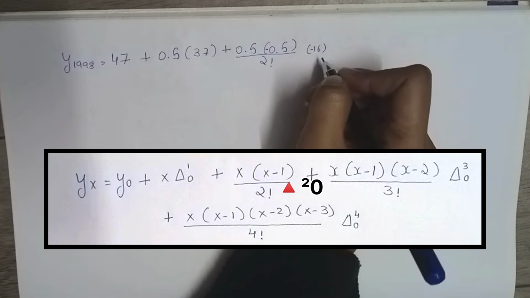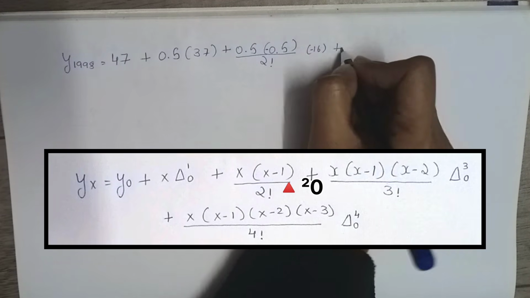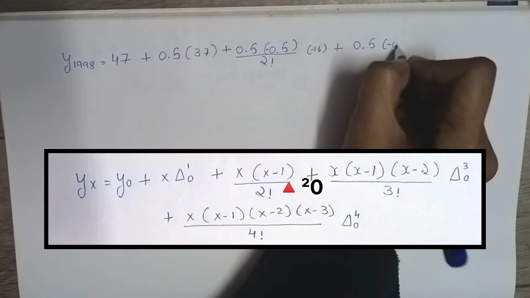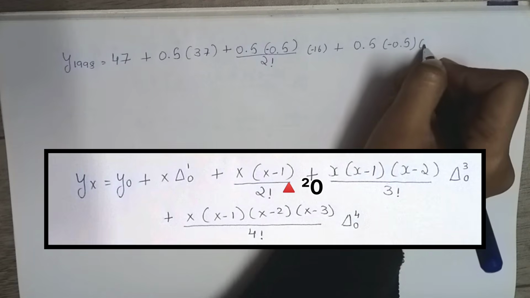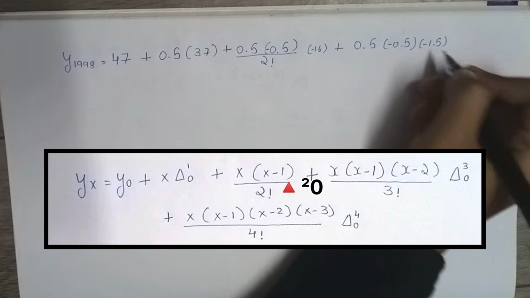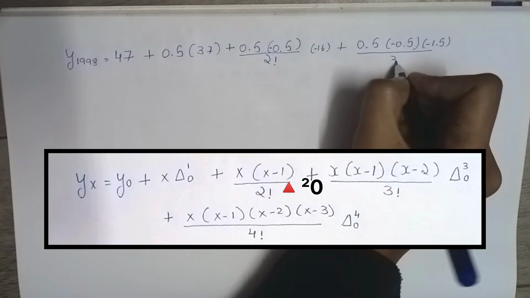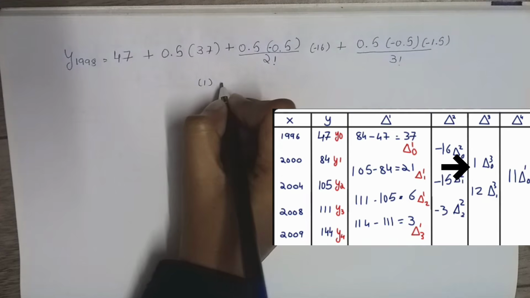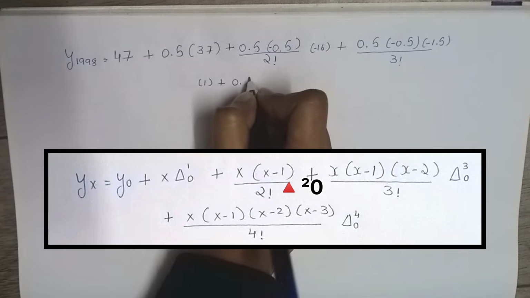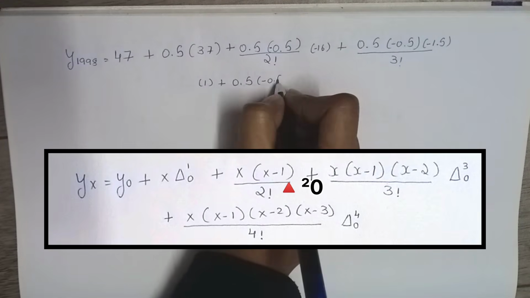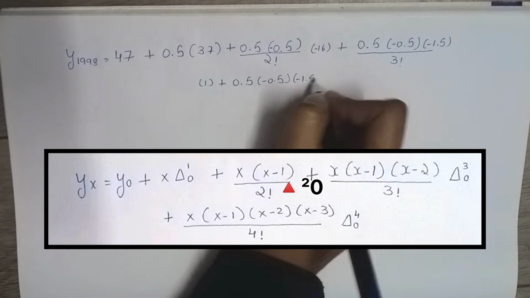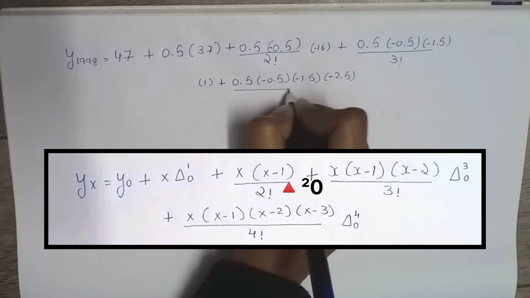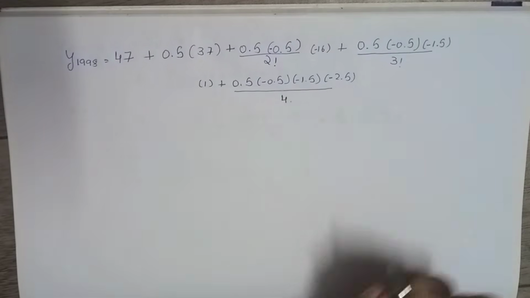Here it is delta 0,2, which is minus 16, plus x, 0.5, of x minus 1, minus 0.5, then x minus 2, which we got as minus 1.5, divided by 3 factorial. Then delta 0,3 is 1, plus x is 0.5 again, x minus 1 is minus 0.5, x minus 2 is minus 1.5, x minus 3 is minus 2.5, divided by 4 factorial.